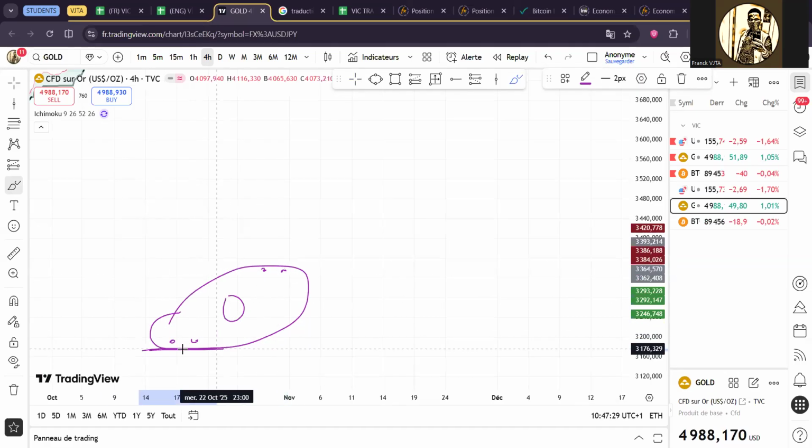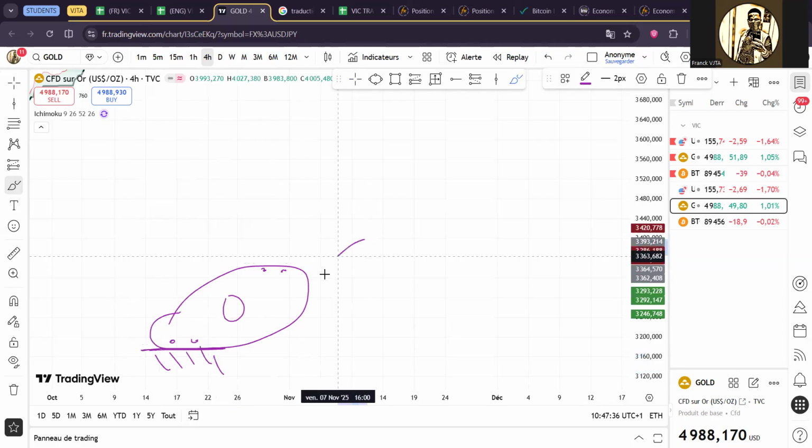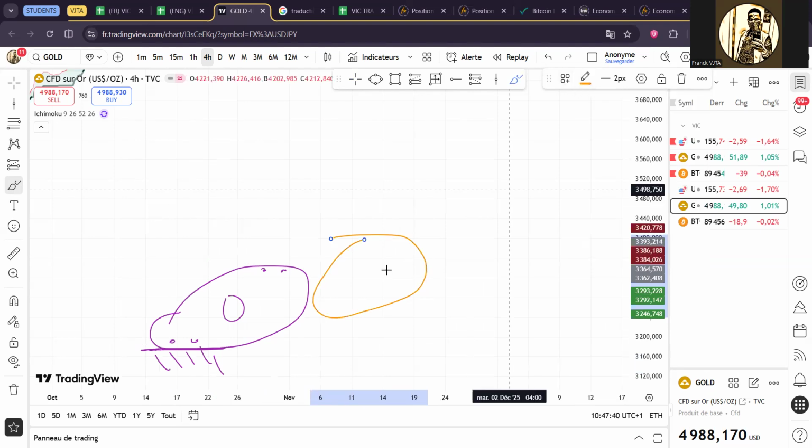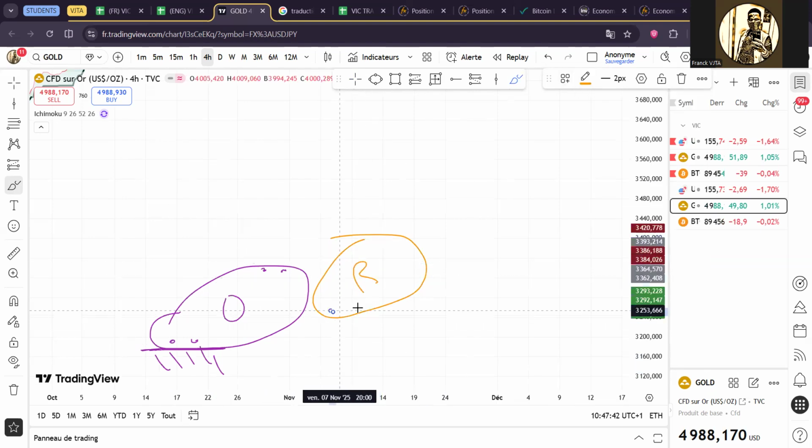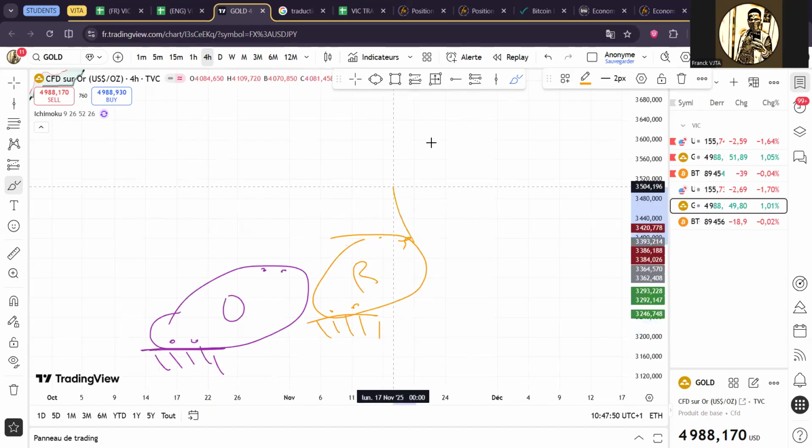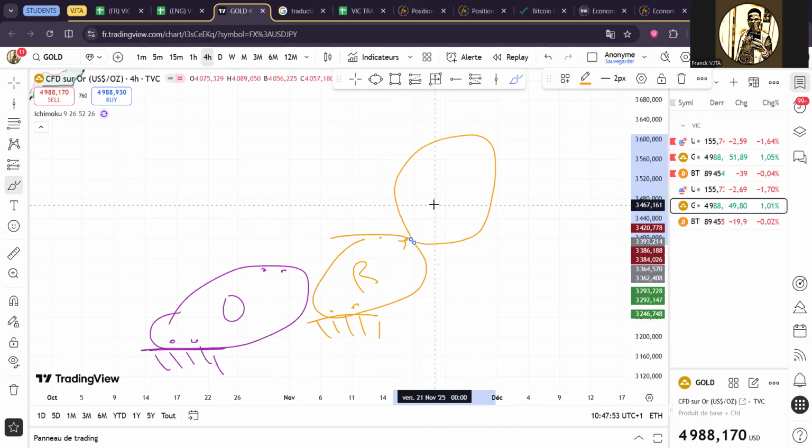The candles cannot go below this entry bottom. That's why it is a blocker. Now the reversal: you have the two entries at the bottom, the two take profit at the top. The candles cannot go below the entries during the reversal. You know exactly where the bottom and the top are.